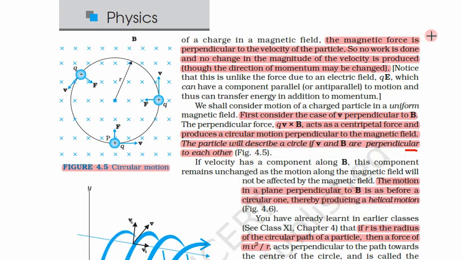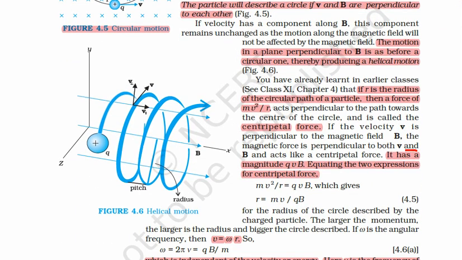Now let us see a case when the angle is not 90 degrees. What will happen in that case? If the velocity has some component along B, here we see that the magnetic field B is in this direction and V is in this direction, and there is some angle between them, which is not equal to 90 degrees.